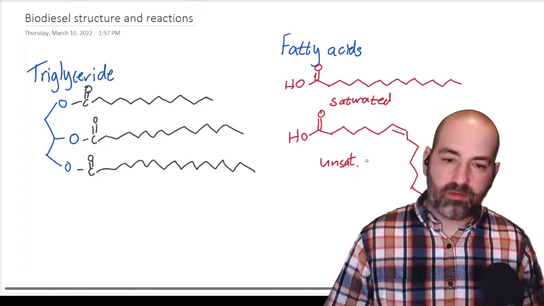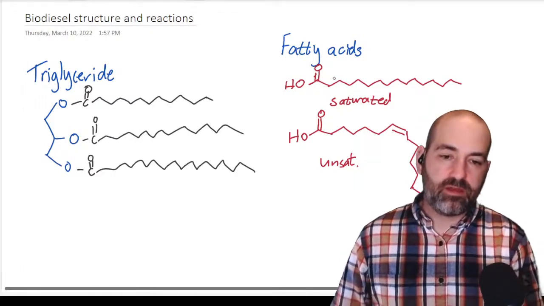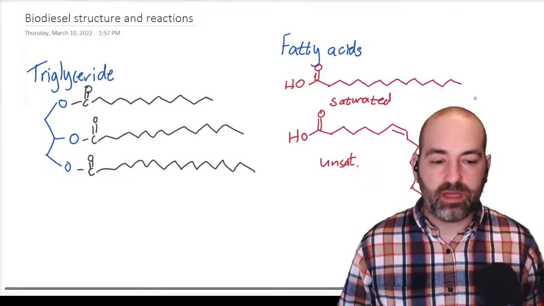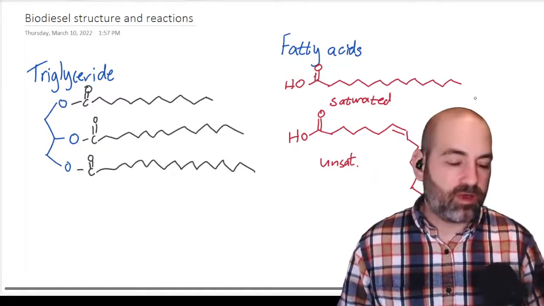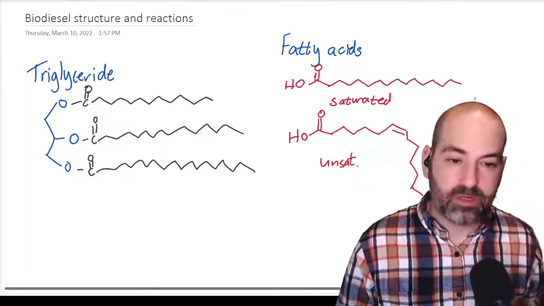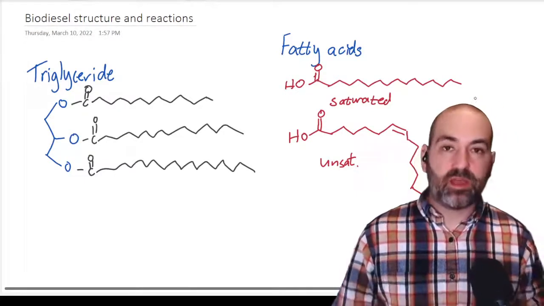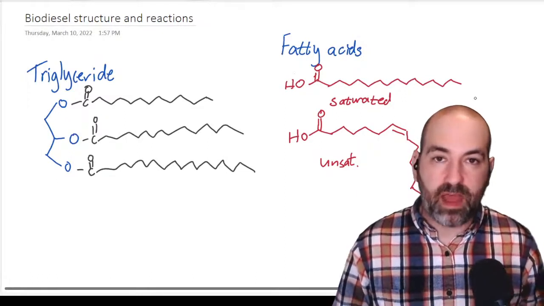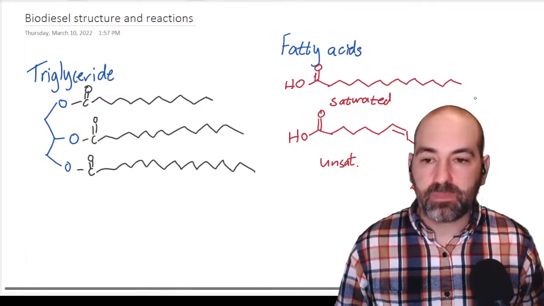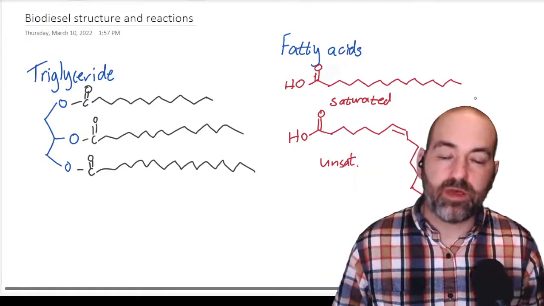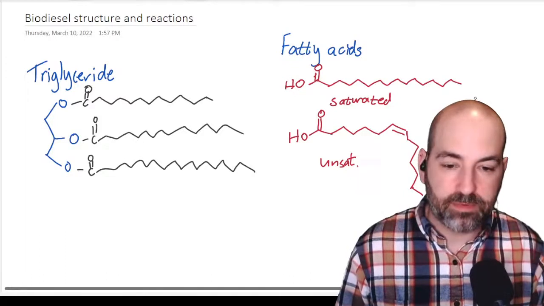All right. Now, saturated fatty acids, they're nonpolar, but they're very long and they can pack together very nicely. And so that makes for relatively strong intermolecular forces. And so saturated fats are generally solids at room temperature. So things like butter, lard, palm fat, shortening, coconut oil, those are primarily saturated fats, which is why they're solids at room temperature.